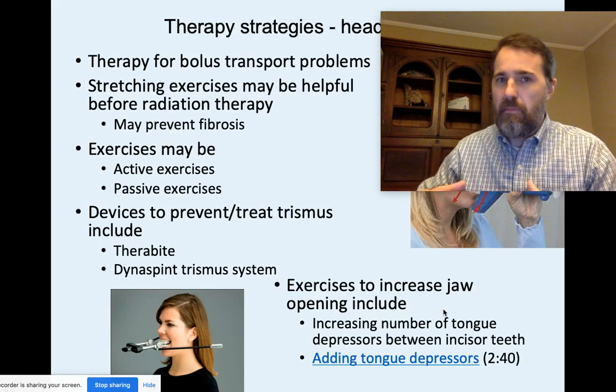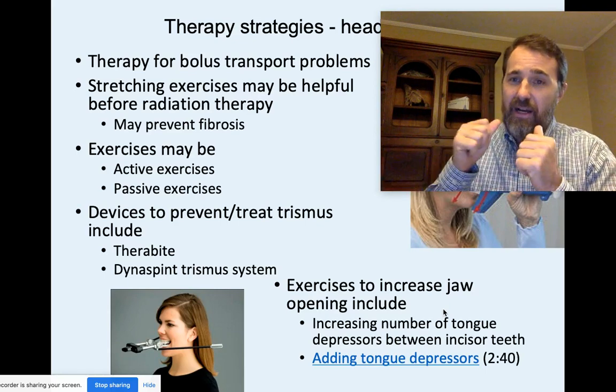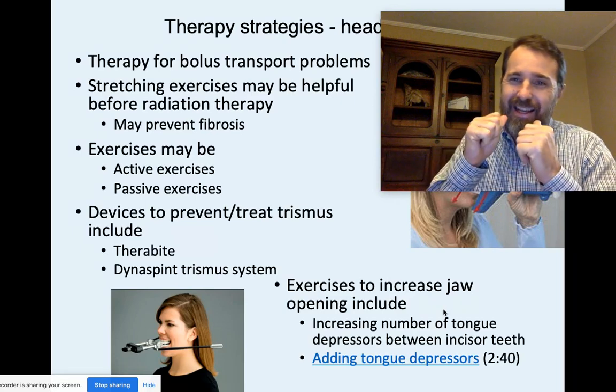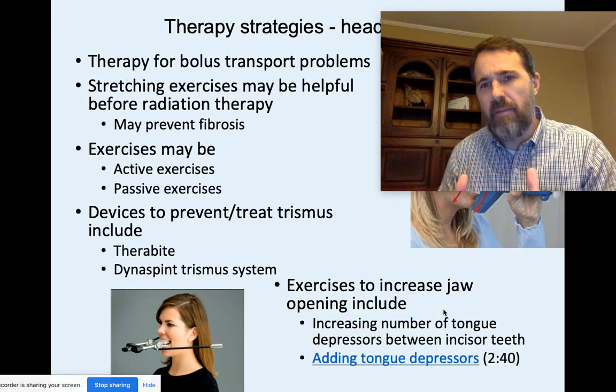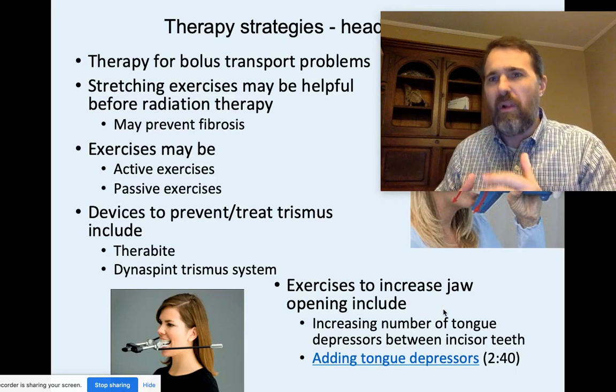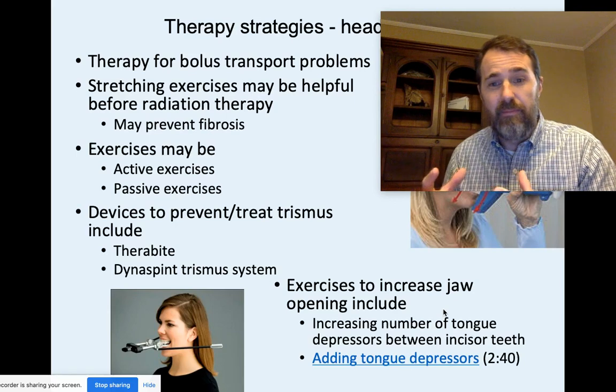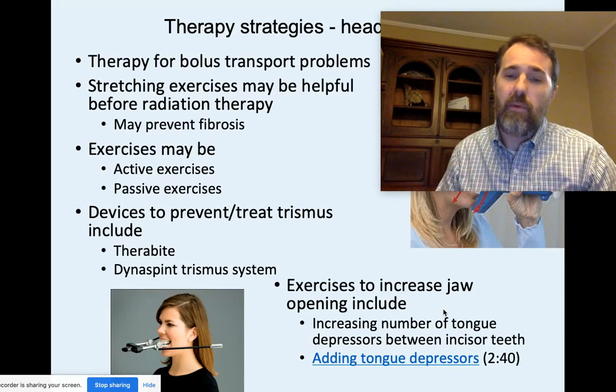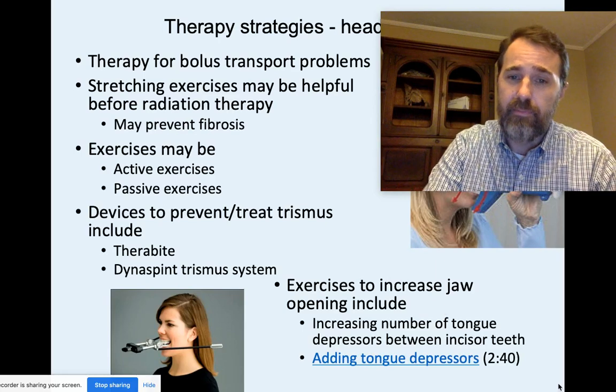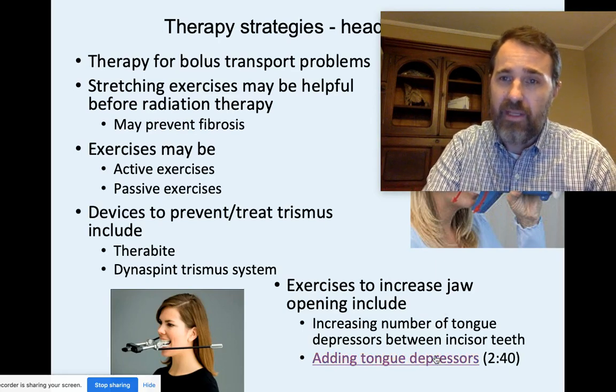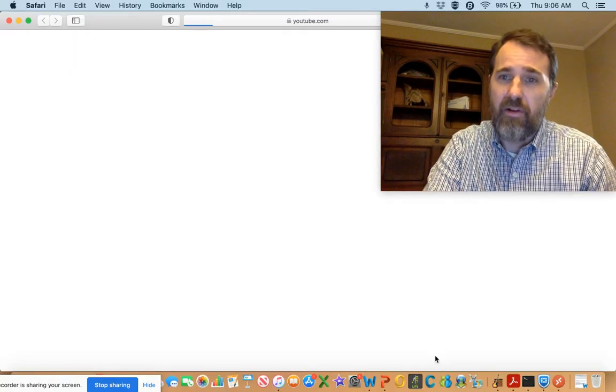And then maybe next week, wedge in 5. Maybe they're doing that a couple times a day for about 10 minutes at a time, slowly increasing the range of motion, and it's very painful. Any treatment for trismus would be very painful.